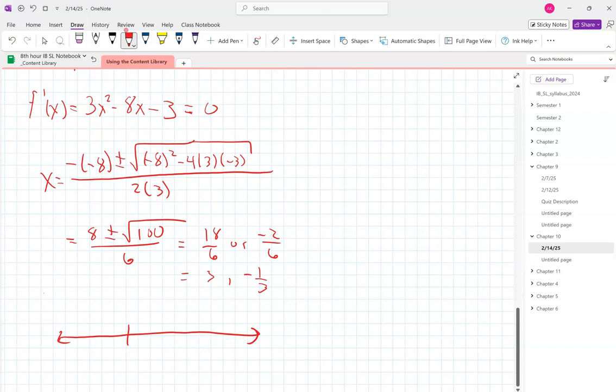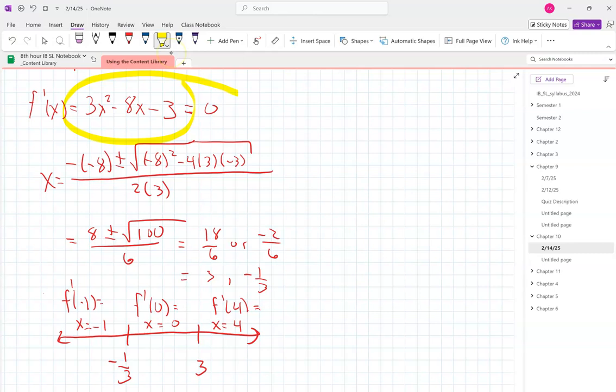So I'll now make my sign diagram. Pick some test values. And then plug those test values into my derivative. And again, I don't really care what the number is. All I really care about is the sign, right? So if I plug negative 1 into here, I'm going to have 3 plus 8 minus 3, so that's positive.